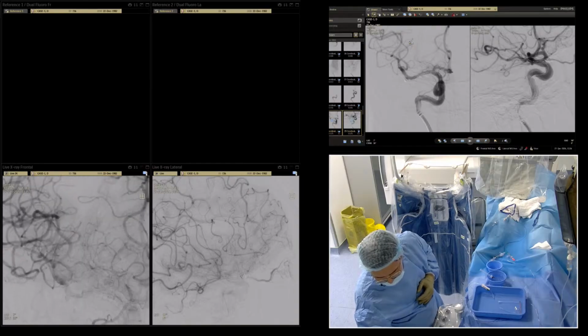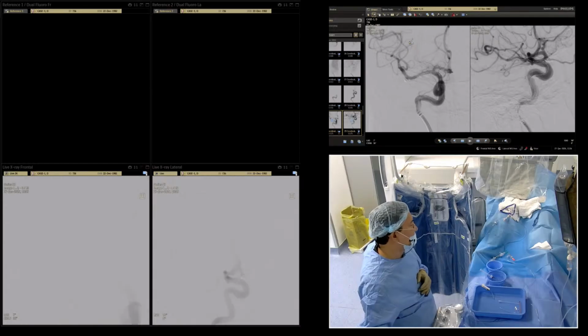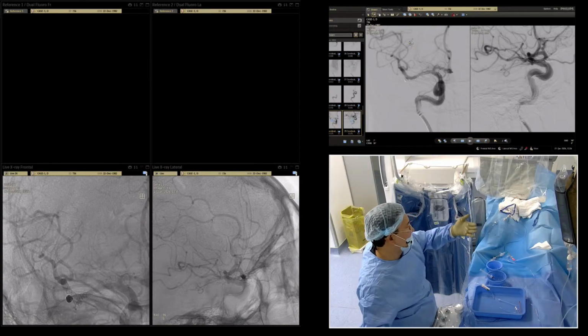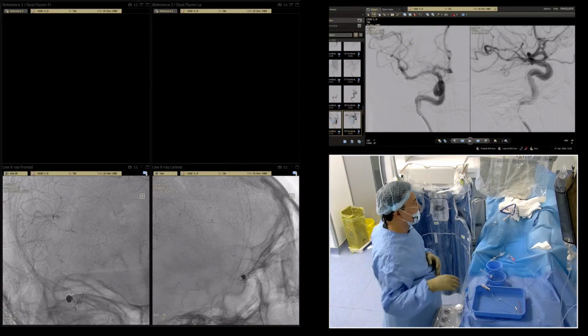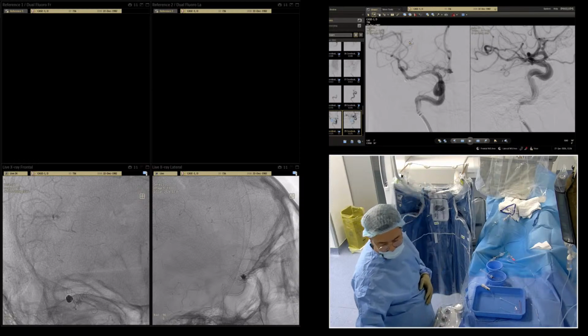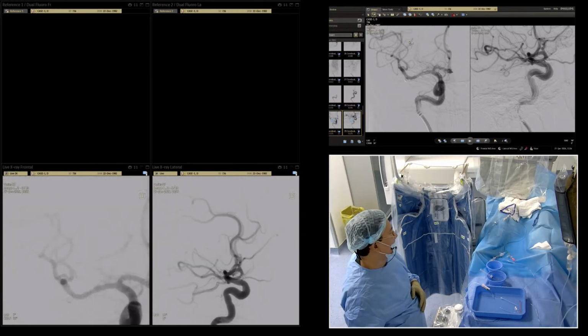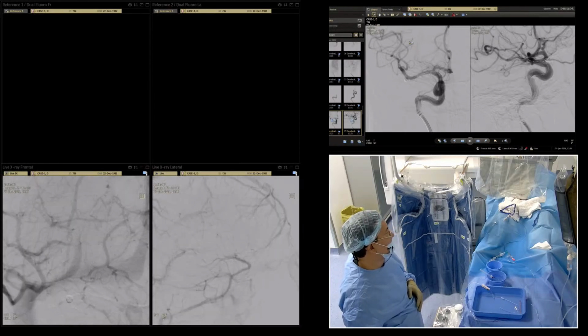So like this. Yes, there is no problem. Yes, sometimes the squid is just lying on one wall of the artery, and usually that territory is okay. Maybe a little bit of delay, but no problem. Okay, no problem.